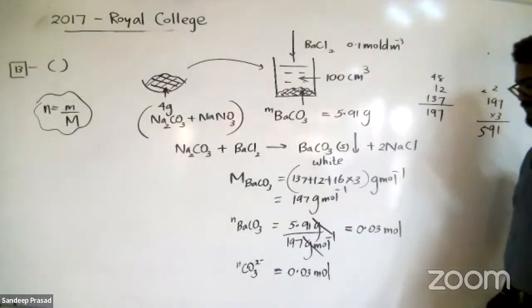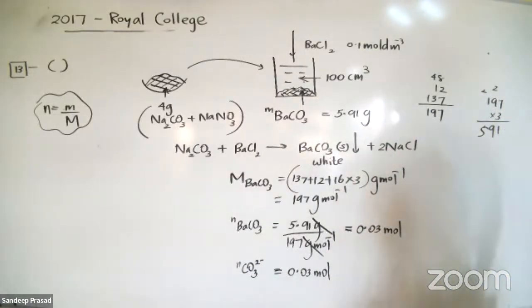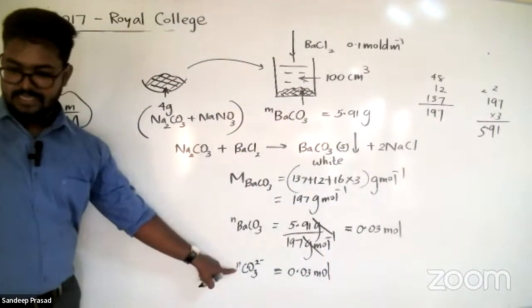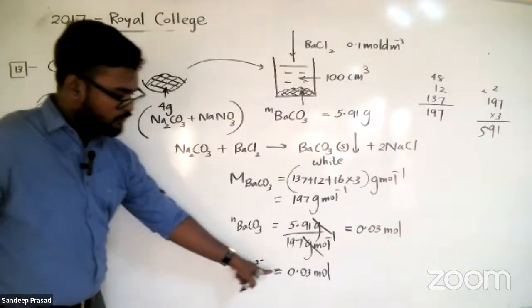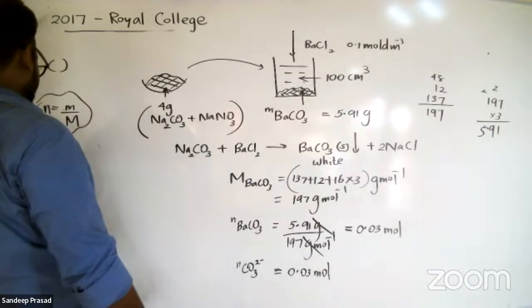Right? Very easy. This carbonate came from, students, this carbonate came from sodium carbonate. If the carbonate moles are 0.03, sodium carbonate moles are also 0.03.